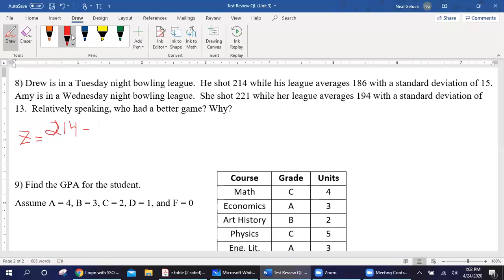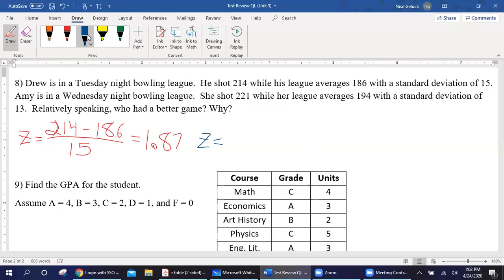We subtract off the mean, which is 186, and we divide by the standard deviation, which is 15. That will give me 1.87. So Drew was 1.87 standard deviations above average.